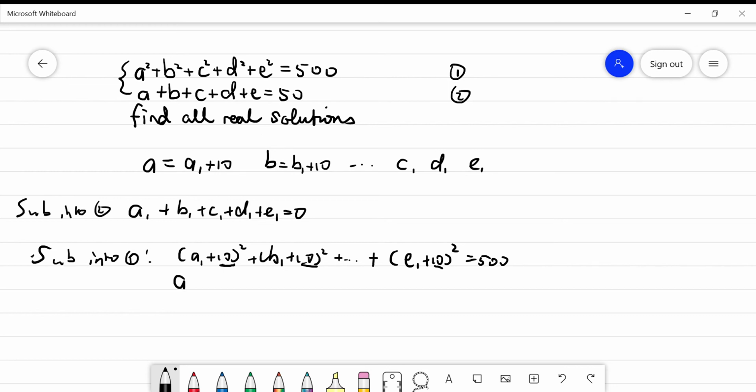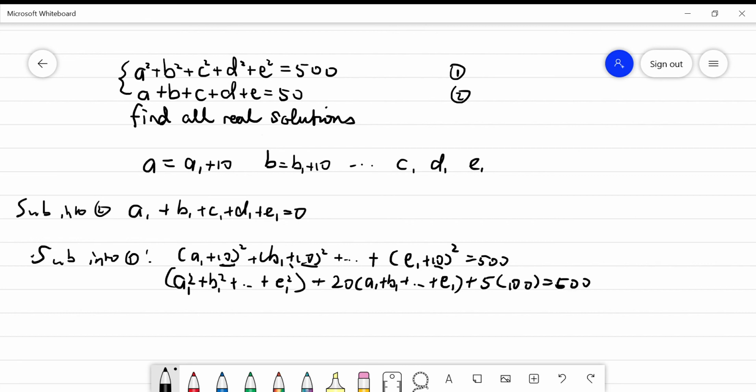So we expand the results, and we get a1 squared plus b1 squared plus and so on plus e1 squared plus 20 times (a1 plus b1 plus and so on plus e1) plus 5 times 10 squared, which equals 5 times 100 equals 500.